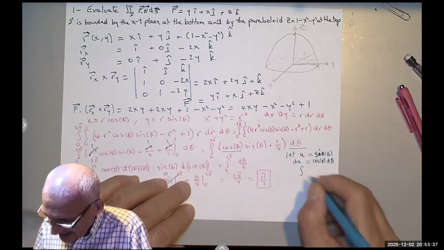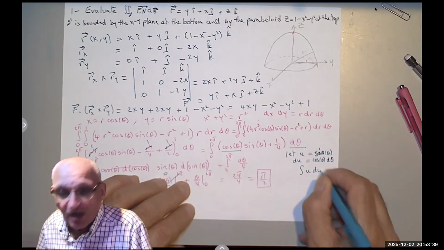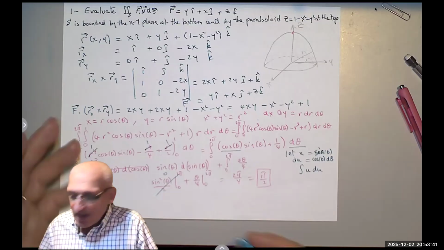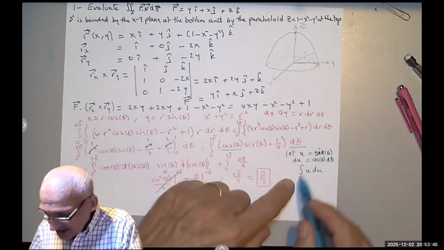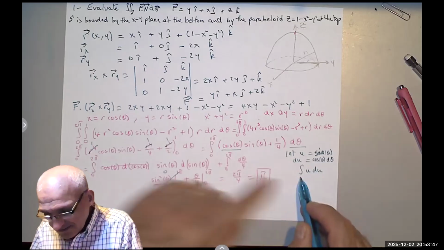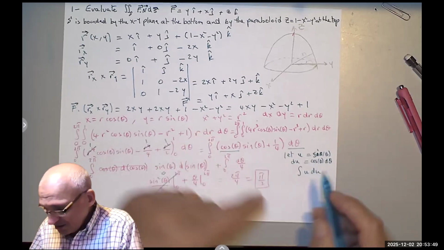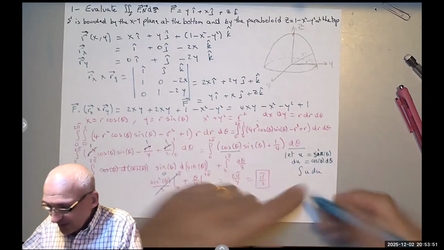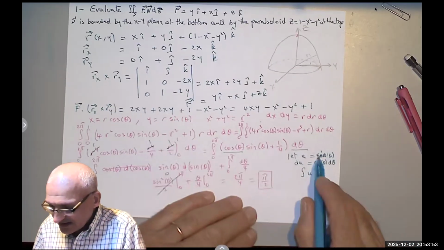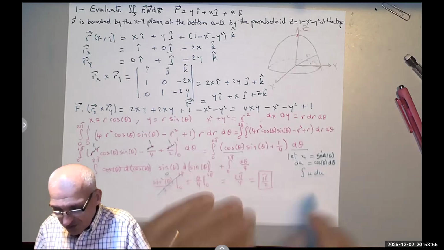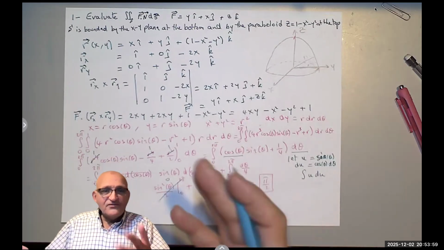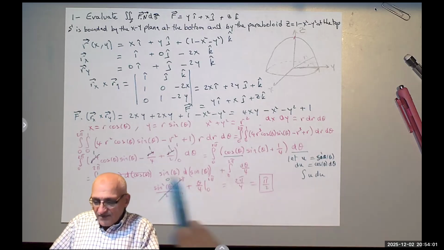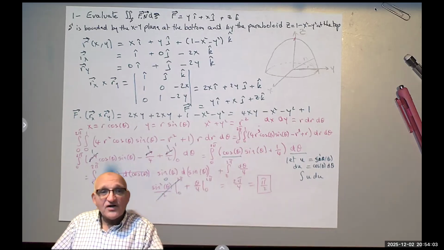So now you will get the integral of u du. You can integrate with u by changing the limits of integration, or you can find u squared over 2 and then substitute back, so you get sine squared theta over 2, which is here.